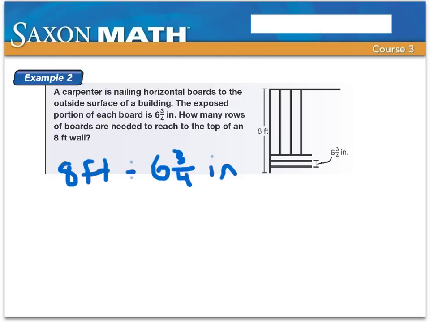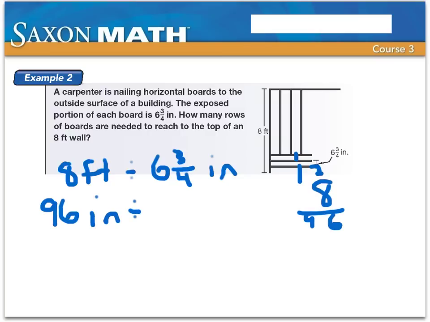So 8 feet is how many inches? Well, 8 feet times 12 inches in each foot, that's 96 inches. So we're going to take 96 inches divided by 6 3/4 inches. And that will tell me how many rows of boards I need.